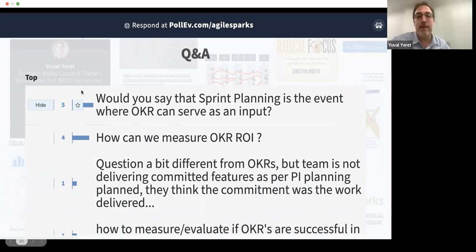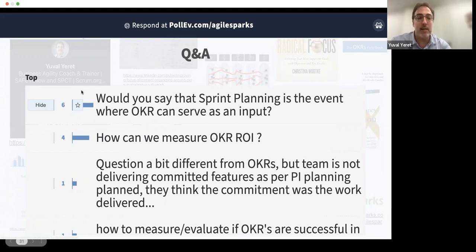So would I say that sprint planning is the event where OKRs can serve as input? I would say it's probably an event where OKRs can serve as input, but mainly I would say it's the sprint review and refinement, because the way I look at sprint planning is we go into sprint planning with a well-formed and prioritized product backlog.